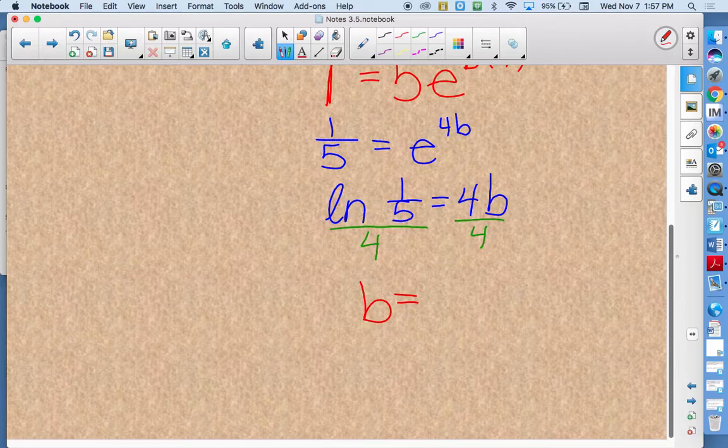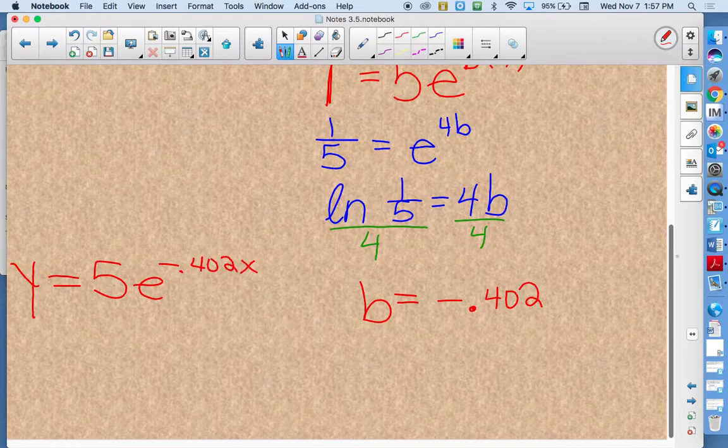And Sabrina, what is that b value? It becomes negative 0.402. So it said write an equation. Our equation would be y equals 5, that's the A value, e to the negative 0.402x.